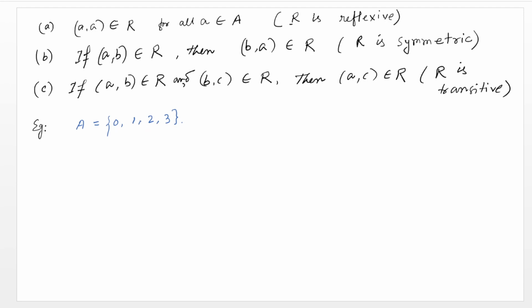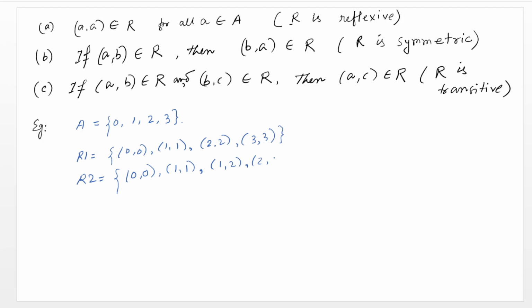Suppose the relation R1 is (0,0), (1,1), (2,2), (3,3). And another relation R2 is (0,0), (1,1), (1,2), (2,1), (2,2), (3,3).